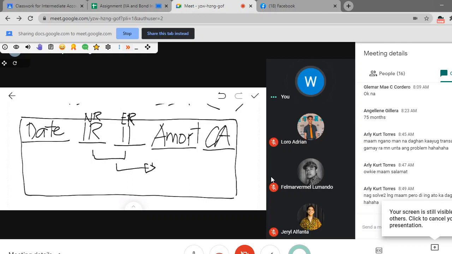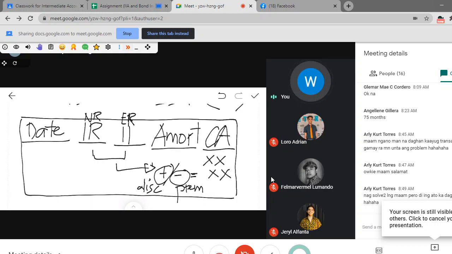So, how do we compute for our carrying amount? Your beginning, and then plus or minus the amortization, then your next carrying amount. So, why plus or minus, ma'am? As long as it is a discount, it must go up. So, plus if it is a discount, or minus the amortization if it is a premium.